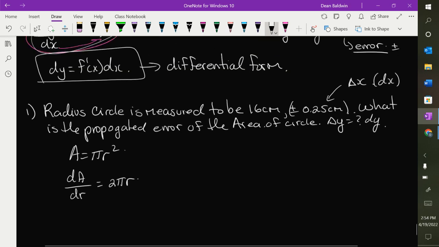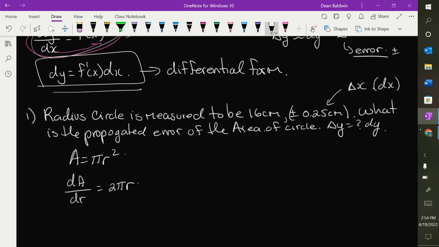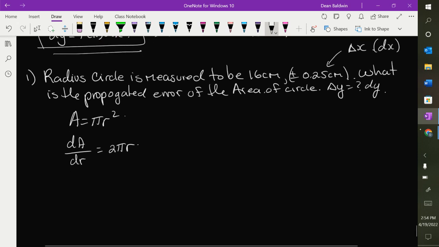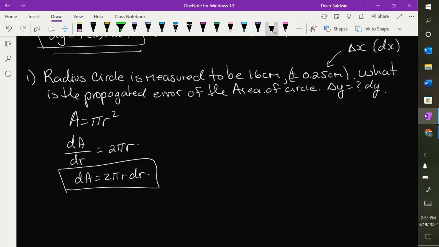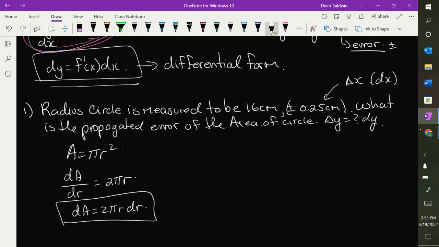We want to write it in differential form. So I multiply this dr up to the other side. So dA is equal to 2 pi r times dr. That's differential form. And I call this delta x. It's actually dr in this particular case. All right. It's that one right there.